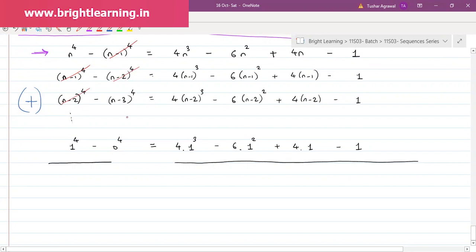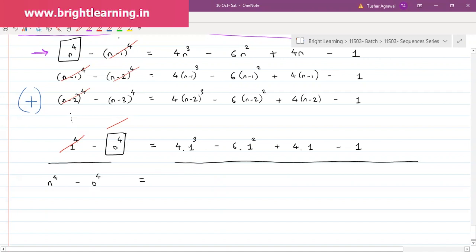Here it will be 1 raised to 4 negative, and here it will get cancelled out with positive 1 raised to 4. So on the LHS, what will survive is n raised to 4 minus 0 raised to 4. These will be the two surviving terms. Clear?